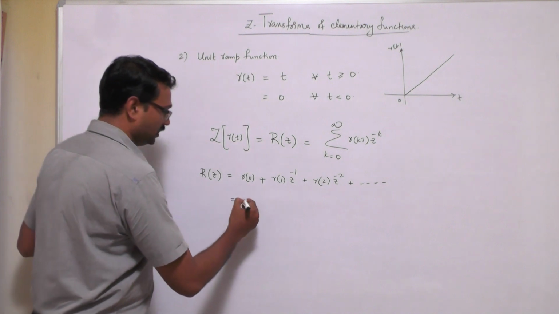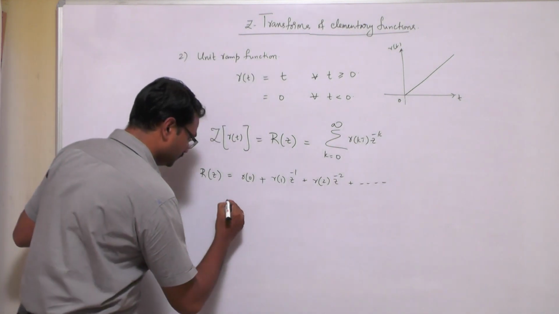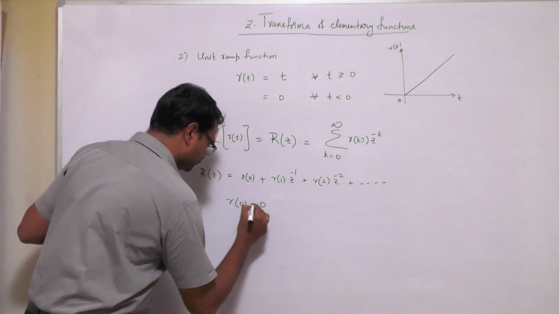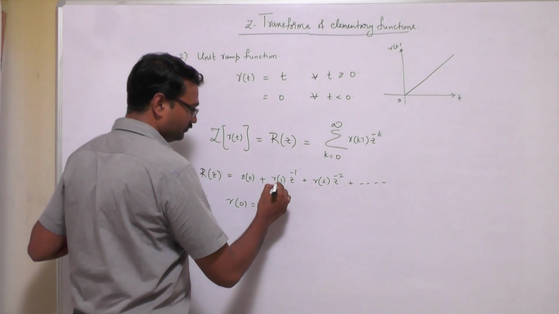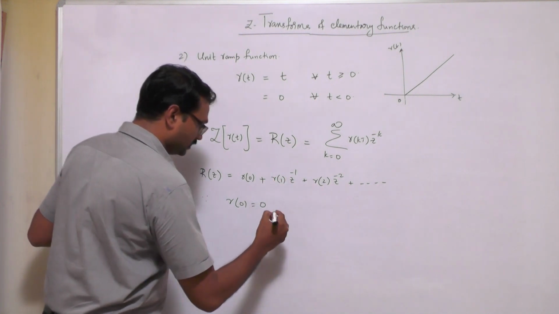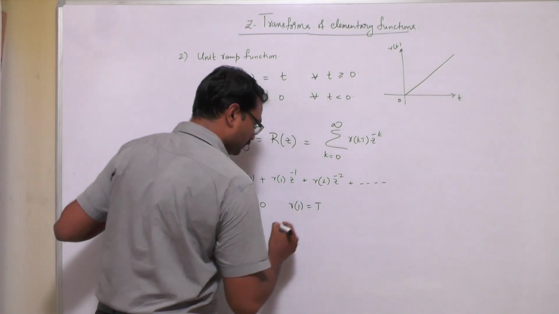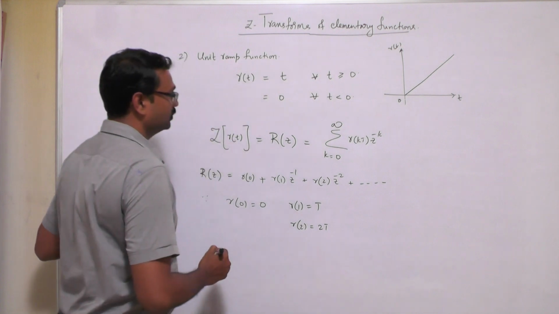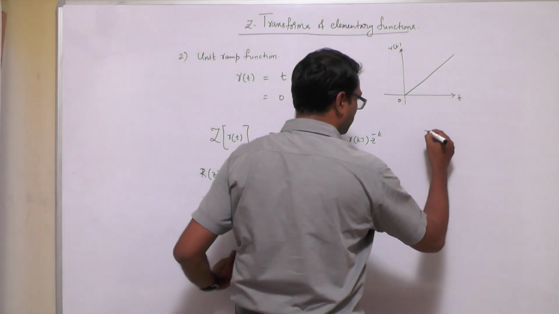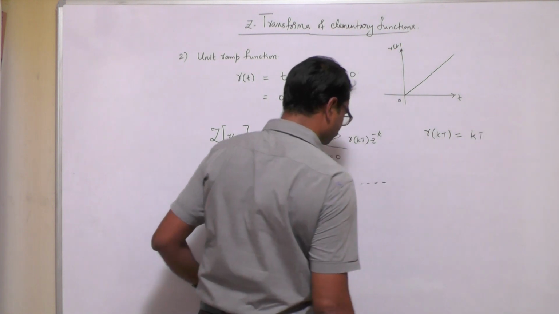In this case, r of 0 is equal to 0, and r of 1 is equal to t, and r of 2 is equal to 2t, because r of kt is equal to kt.